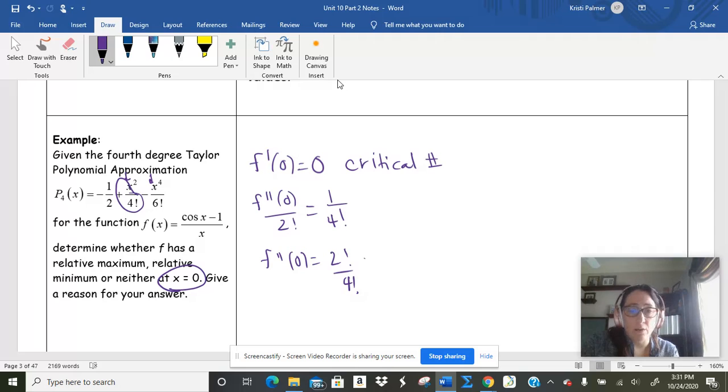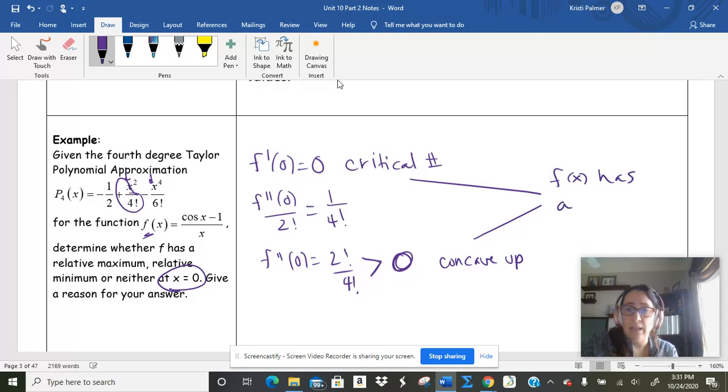We just need to know that that is a positive answer, which means that we are concave up. So if I have a critical number and I am concave up, then I know that that function, f of x, has a relative min, because we're concave up, at x equals where we are centered, which is 0.